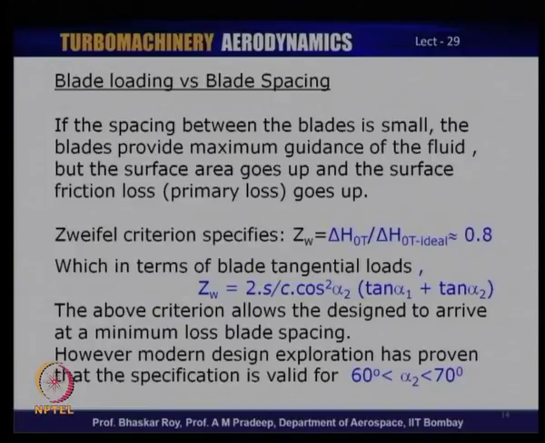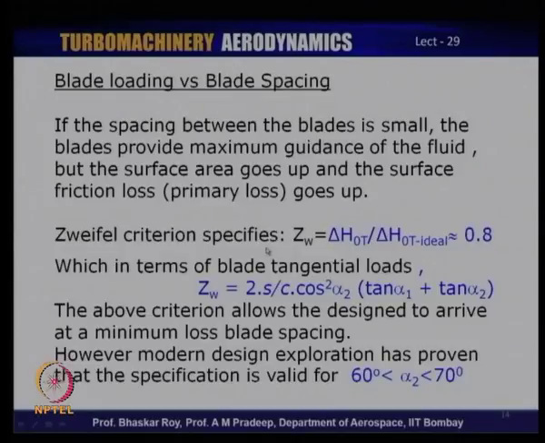So, Zweifel decided way back in 1945 that a value of 0.8 is a reasonable compromise between guidance of the flow and the penalty that you pay in friction loss.